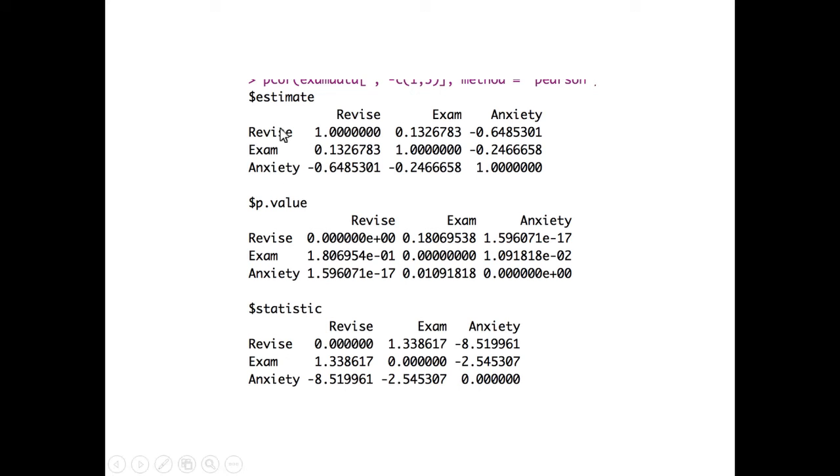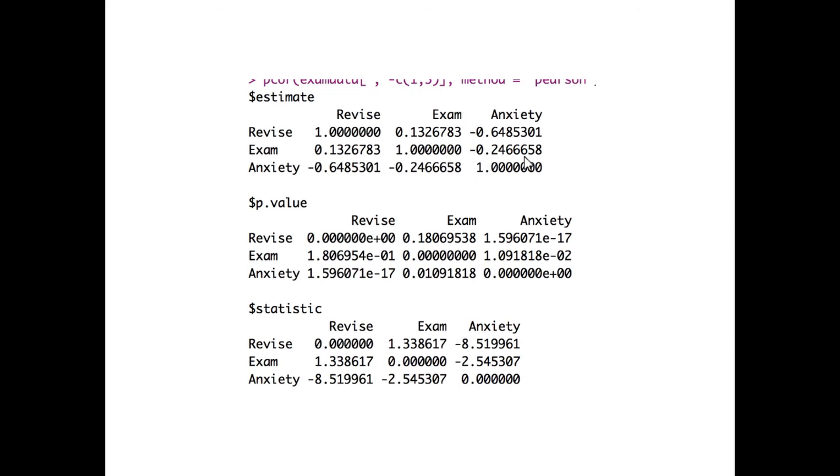The relationship between revisions and anxiety, though, is a fairly large correlation. So as I revise more, my anxiety goes down. That controls for their end exam score, so that's controlling for how well they did on the exam. And the last one, exam and anxiety, is significant, but it's a smaller correlation than we saw before. That controls for how much they revised. So these are the relationships between the variables controlling for the other ones.